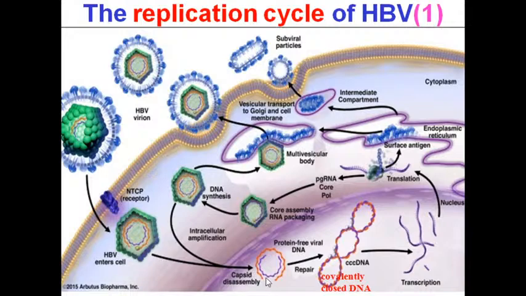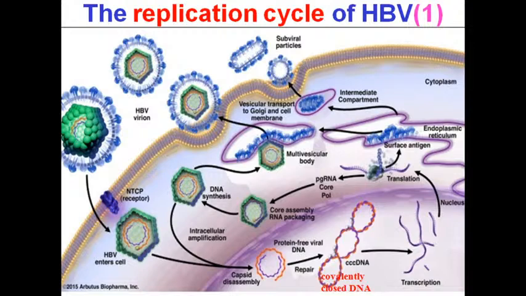So then, once again, what are the very important checkpoints? The repairing of the partially double-stranded DNA into complete double-stranded DNA. Then formation of circular covalently closed DNA molecules, cccDNA molecules, that may exist for a very long while in a cell. Then transcription from these cccDNA molecules and translation of the mRNAs into the proteins in the ribosomes of the cytoplasm.